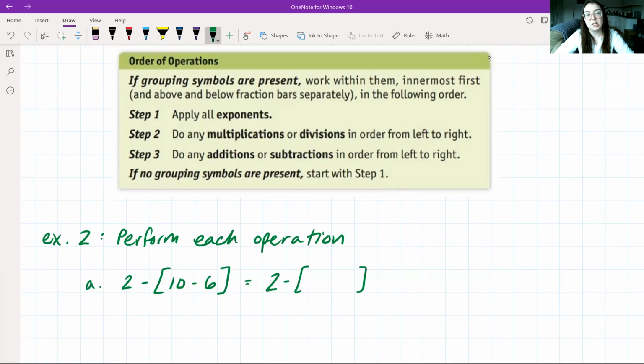Since we said that we can change any subtraction problem into addition with additive inverse, we can do that here as well. We can say this is the same as saying 10 plus negative 6. So if we add 10 and negative 6 together, we're going to get 2 minus 4.